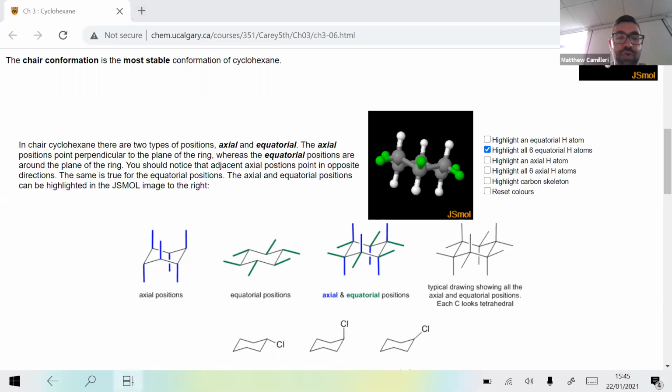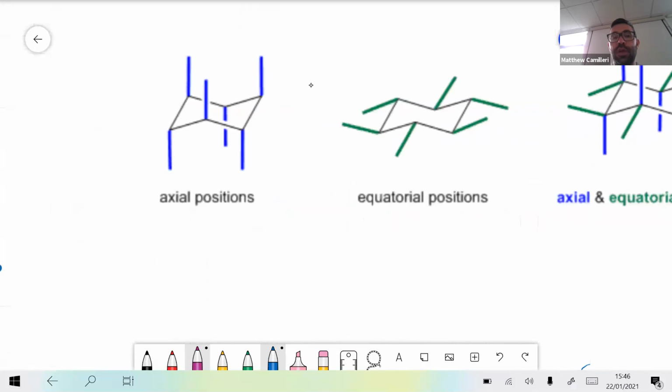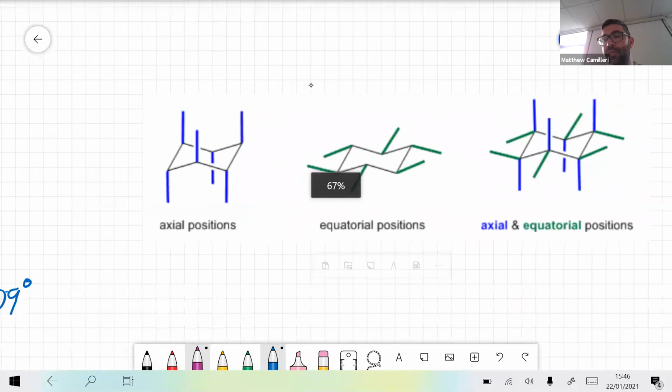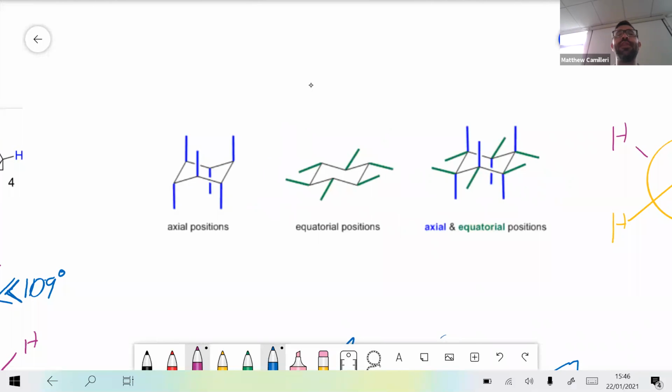Now, something to note here, if you need to draw the equatorial positions, the axial positions are easy. They're up or down. But you have parallel lines.